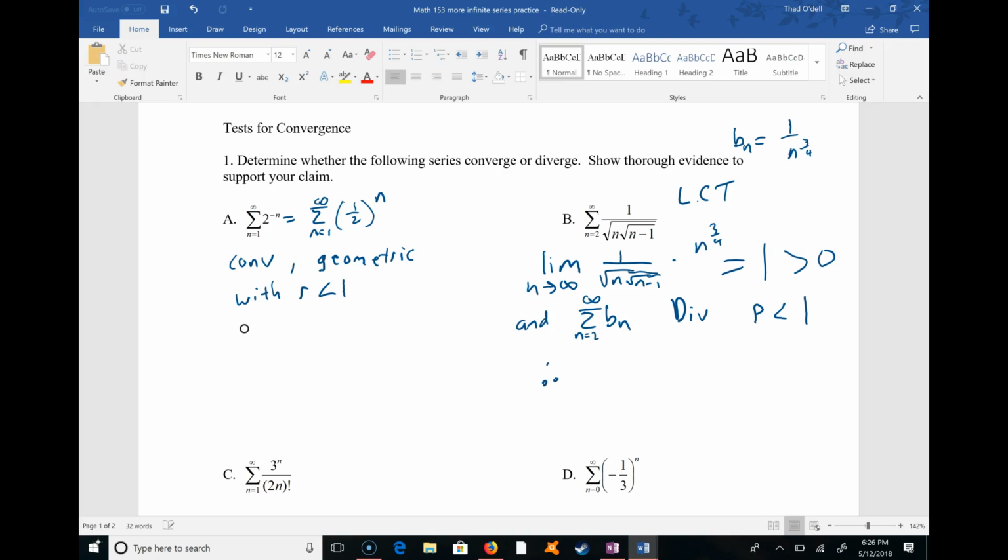And therefore, the summation as n runs from 2 to infinity of 1 over the square root of n times the square root of n minus 1 is also divergent, because we got a limit greater than 0. That tells us that these two behave the same. Okay.